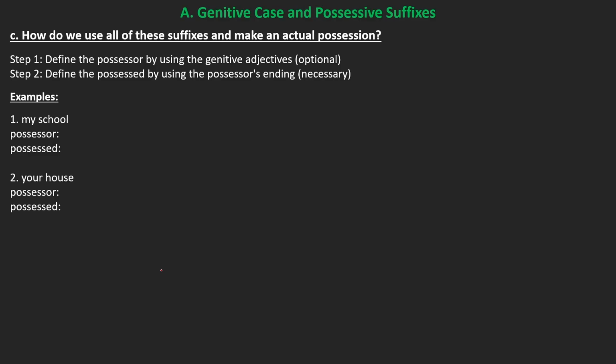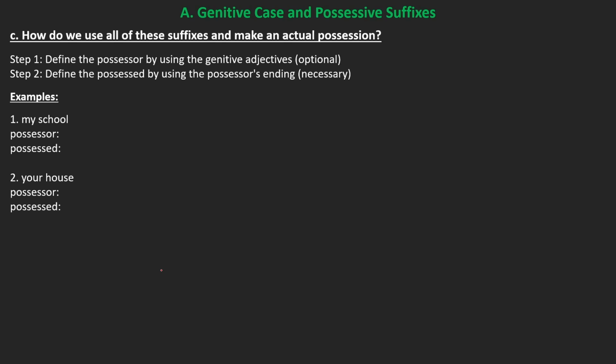Now let's finally talk about how to use these suffixes. There are actually two steps. First step, you need to define the possessor by using the genitive adjectives. And this is an optional part. You don't need to do that always. The second step, define the possessed noun by using the possessor's endings.